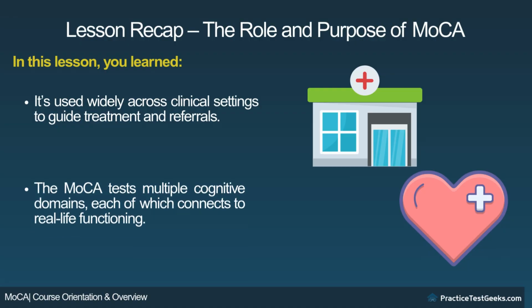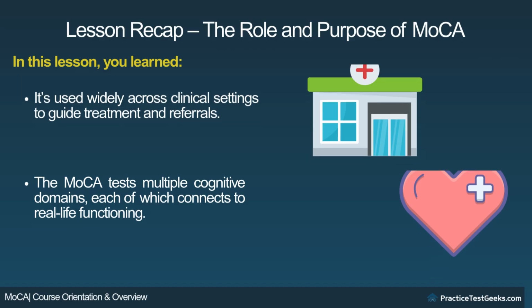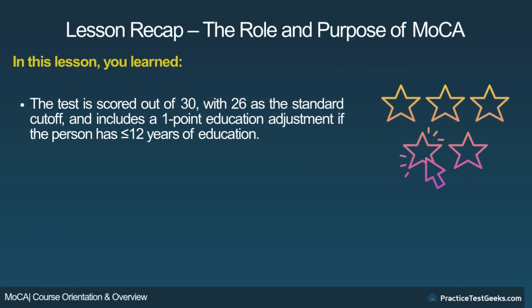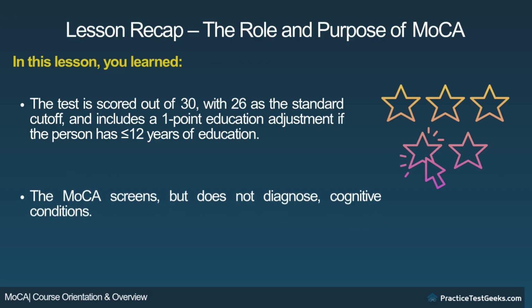The MoCA tests multiple cognitive domains, each of which connects to real-life functioning. The test is scored out of 30, with 26 as the standard cutoff, and includes a 1-point education adjustment if the person has less than or equal to 12 years of education. The MoCA screens but does not diagnose cognitive conditions.